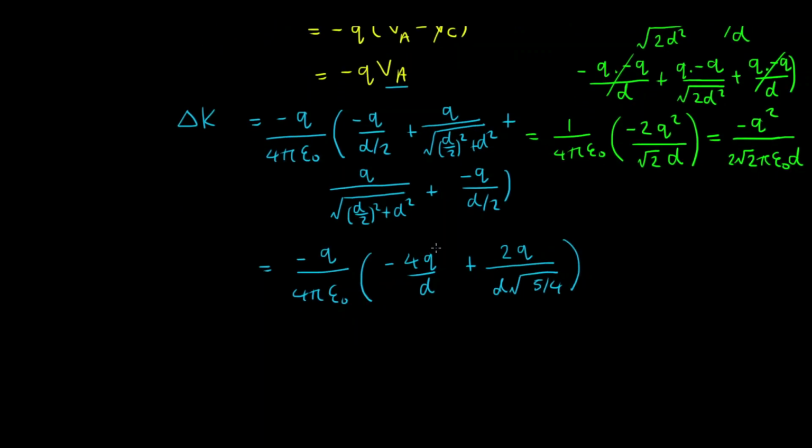Now if we factor out Q on d, we get minus Q squared on 4 pi epsilon naught, and then we have negative 4, and then plus 2 in the numerator by root 5 on 4, so that gives 4 in the numerator over root 5.